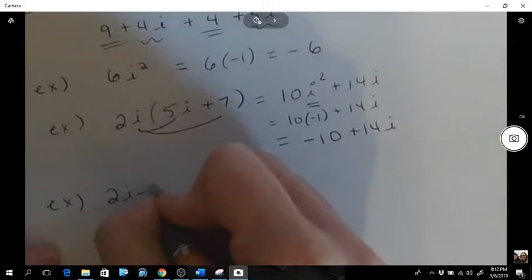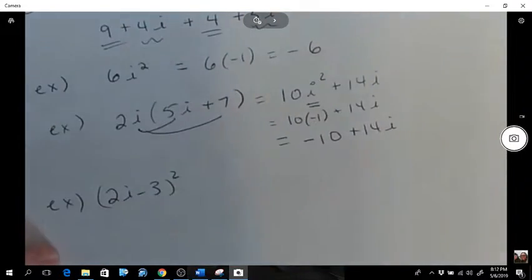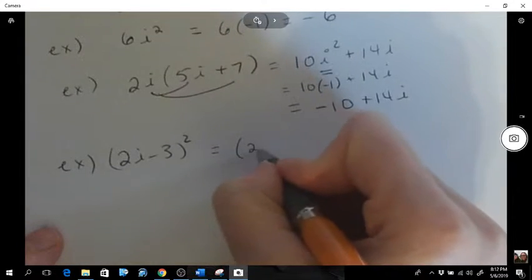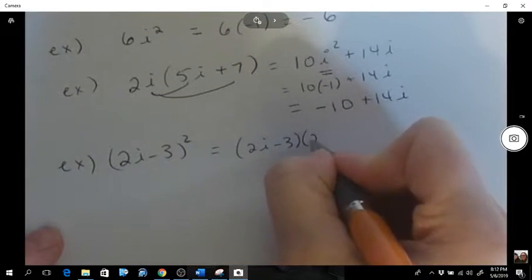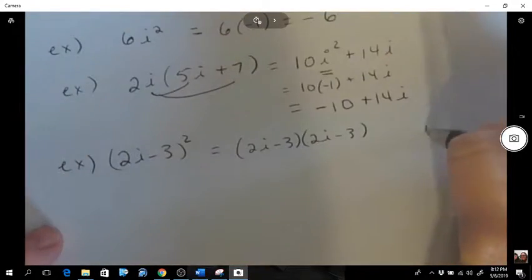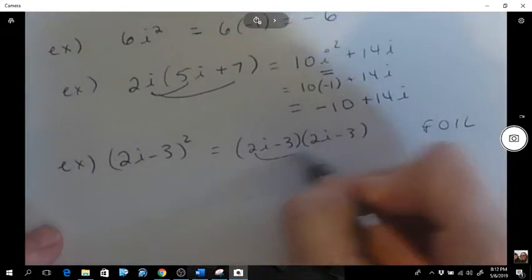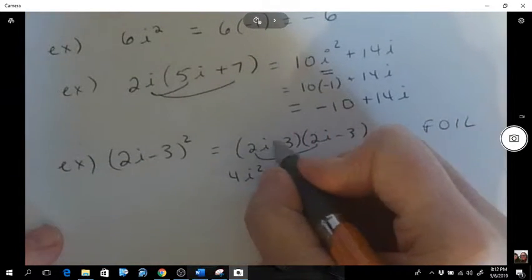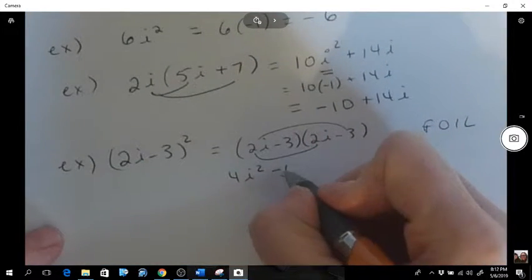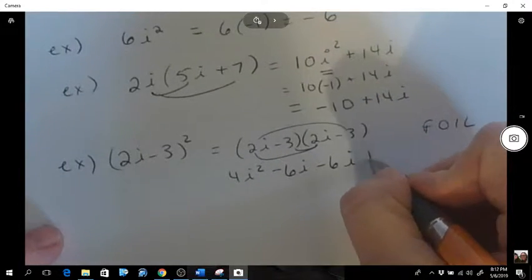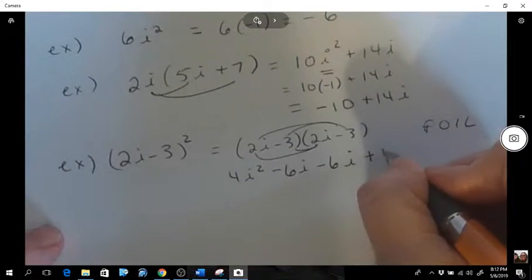What if I have a binomial squared like that? Okay, we can't forget that really this looks like expanded like that. So now I'm going to do a whole FOIL system. First times first, 4i squared, outsides minus 6i, insides minus 6i, and the last is plus 9.